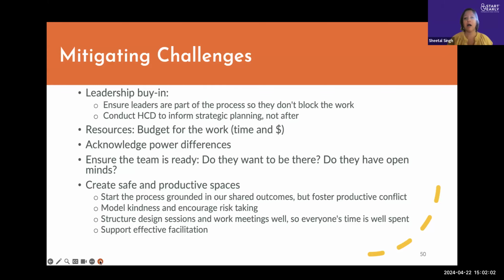to solve. A third challenge are power differentials. And the way that you could start to mitigate this is first step is acknowledging those power differentials, right?